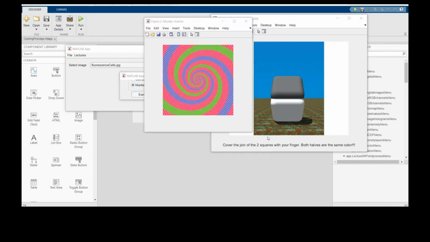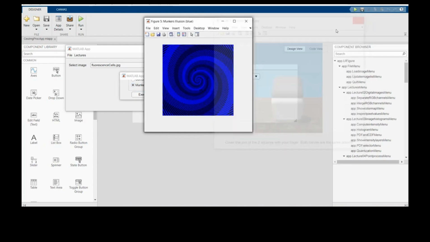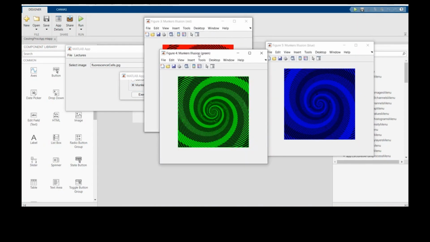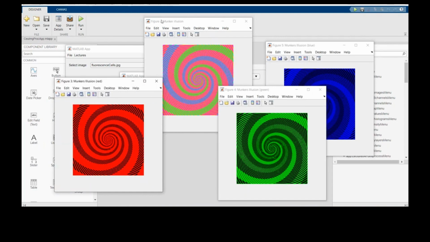Okay, what about this one? This one is the one where we had these branches of the spiral. So we see kind of green and cyan branches or arms of this spiral, but actually they both are green.